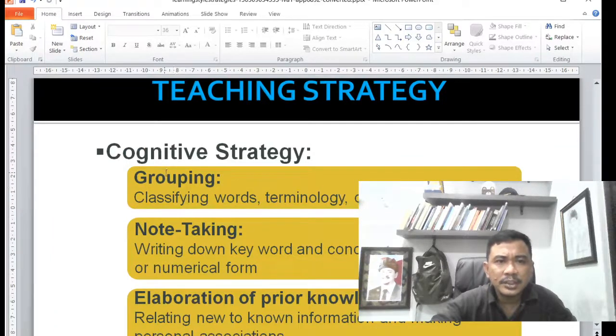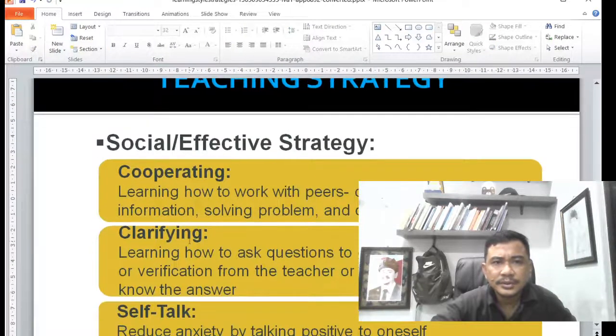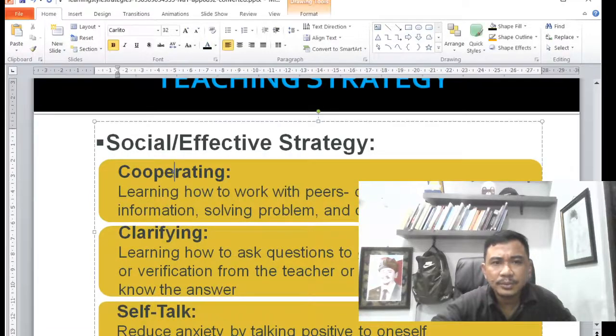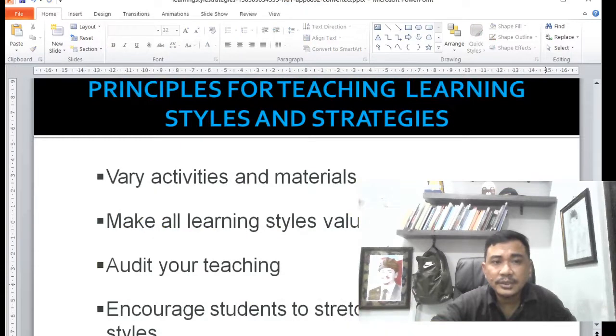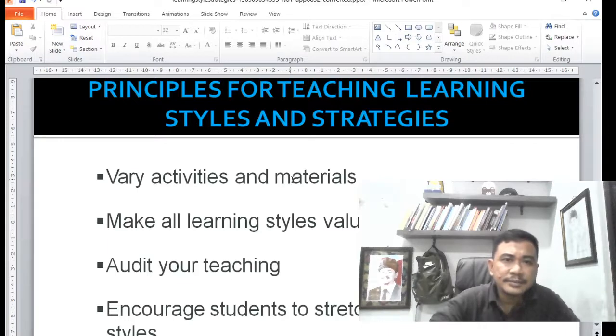Cognitive strategy also includes grouping, note taking, elaboration of prior knowledge. Social affective strategy: cooperating, clarifying, self-talk. You can read further on teaching strategy, but what I want you to do first is understand learning style and strategy.